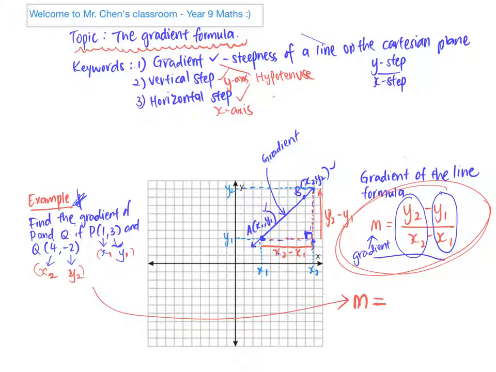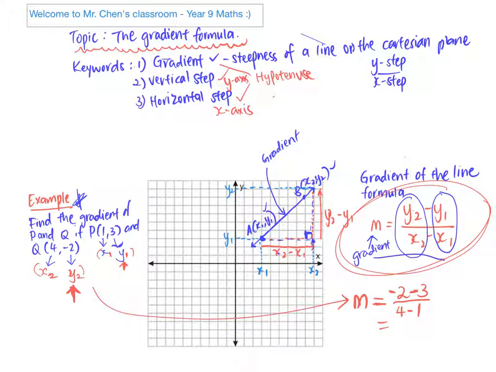So gradient equals y2, and y2 here is that one, which is -2, minus y1, which is 3, divided by x2, which is 4, minus x1, which is 1.